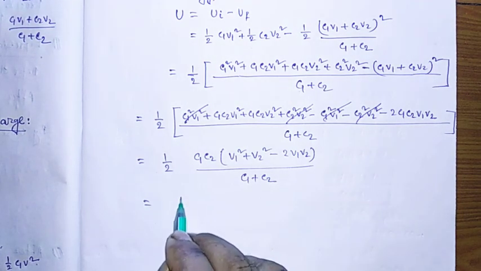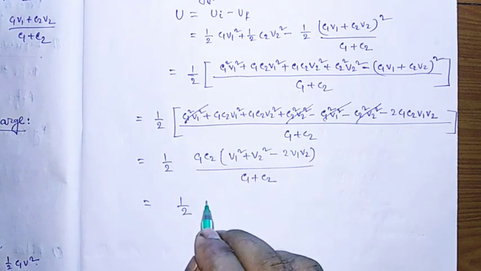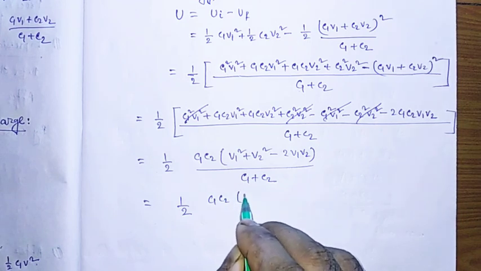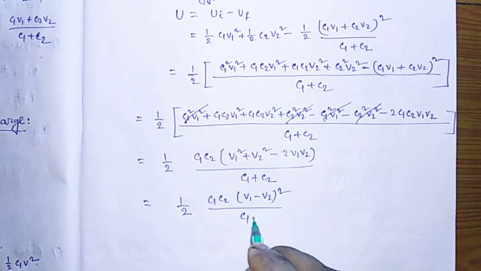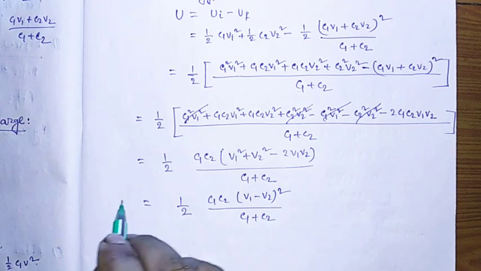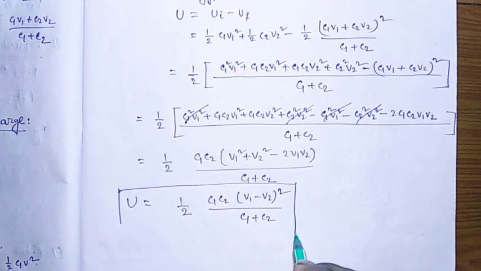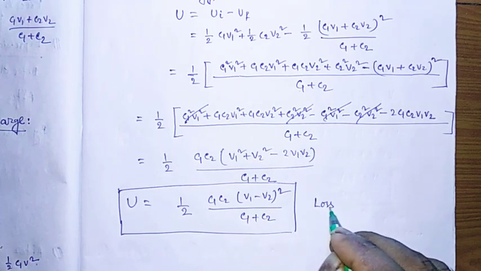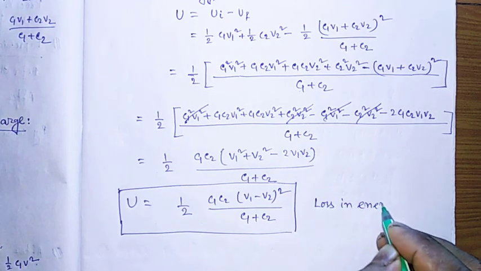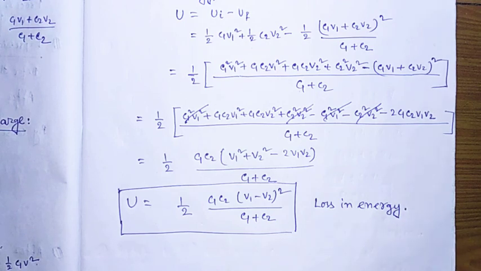It is equal to half C1 C2 (V1 minus V2) whole square divided by (C1 plus C2). So this is the expression of the loss in energy. Thank you.